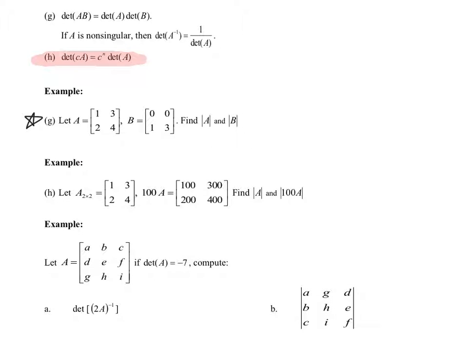All right, so the determinant of some scalar multiplied by A: remember what I was saying, if you multiply a single row by a number, that is the scale factor of your determinant. Here we're talking about multiplying an entire matrix by a number, which means that what's essentially occurring is I'm multiplying each row by that number, and so it's going to have a compounding effect.